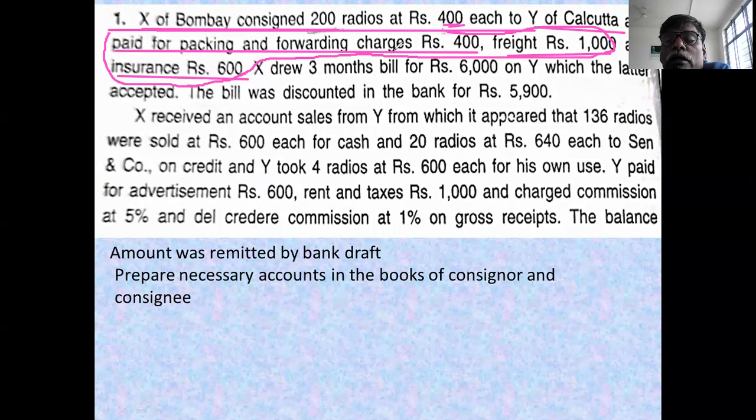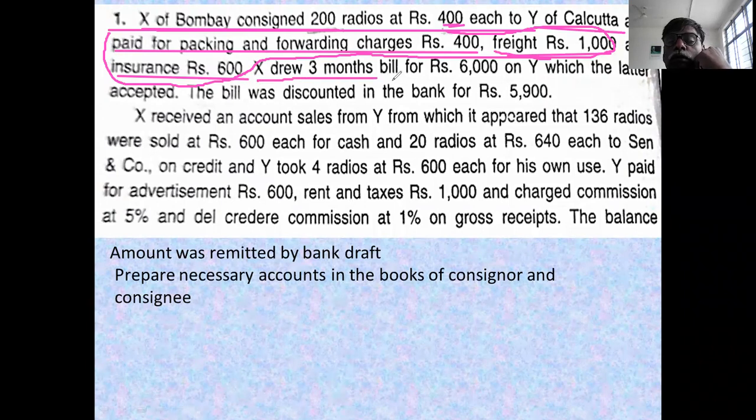In the second item, to bank. Under to bank, you write three items: packing and forwarding, second freight, third insurance. Second item completed. First item, goods sent on consignment. Second item, to bank, completed. And you come to the next point.